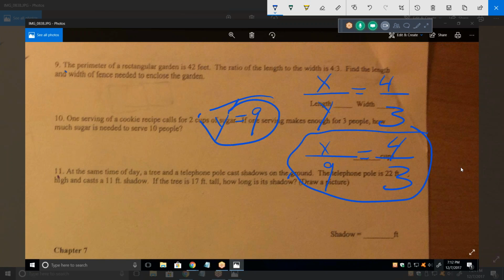Okay, that's what I got to get rid of. What's the 9 currently doing? Is it being added, subtracted, multiplied, or divided? No. What is the 9 currently doing? Correct. It's dividing into x. So what do I have to do to get rid of it?